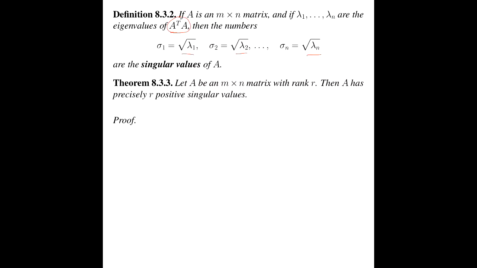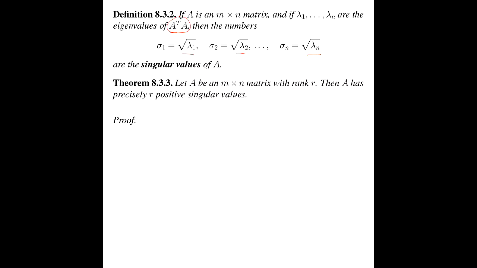It says, let A be an m by n matrix with rank R, then A has precisely R positive singular values.